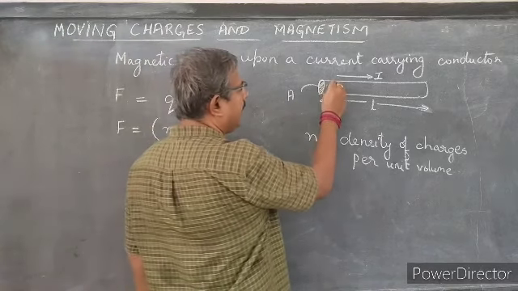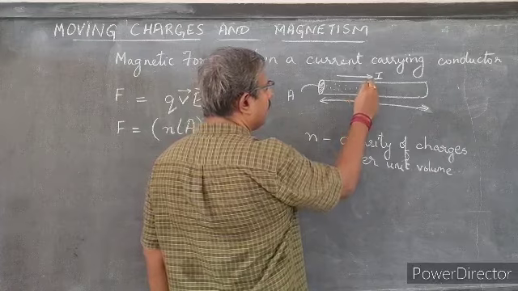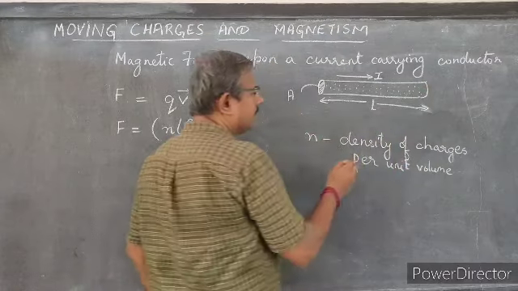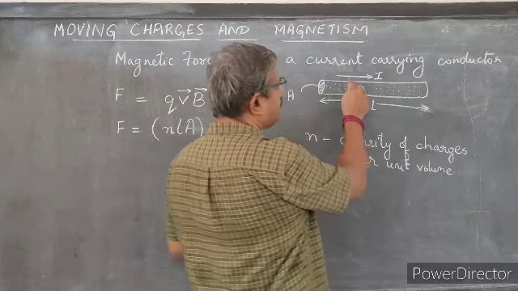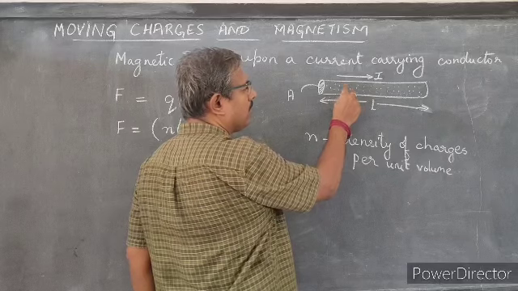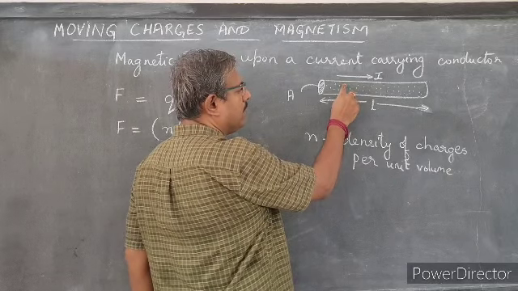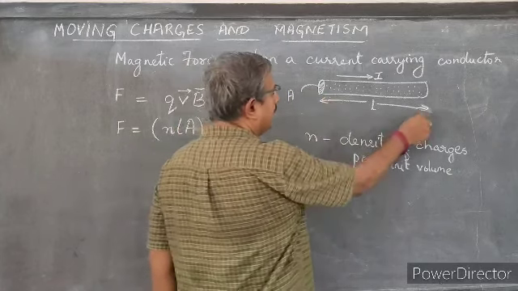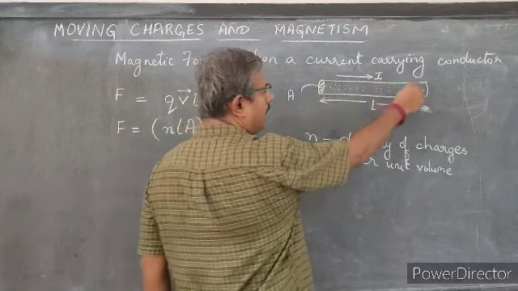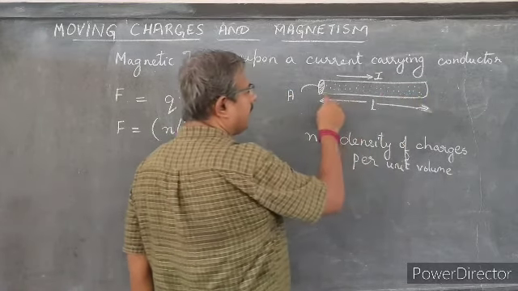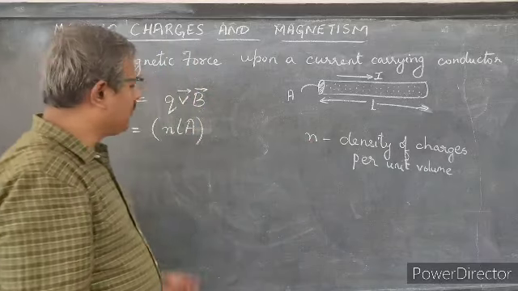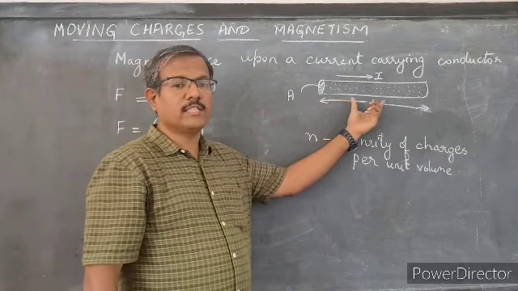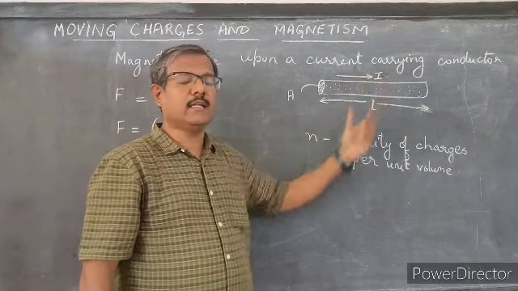N into L into A gives me the total number of electrons across the entire length of this conductor, because I am multiplying N, the number of electrons per unit volume, with the total length into total area. Total length into area gives me the volume of this. So the volume of this entire conductor multiplied by N gives me the total number of electrons that are present, which are available for conducting the current.